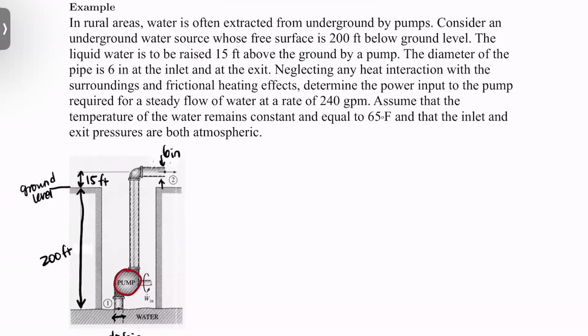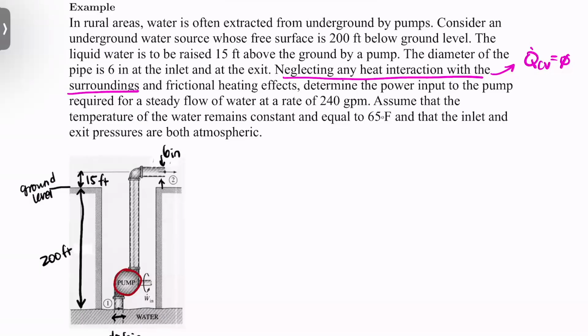Neglecting any heat interaction with the surroundings, this means that Q dot for the control volume is going to be 0, right? And frictional heating effects. Determine the power input to the pump.